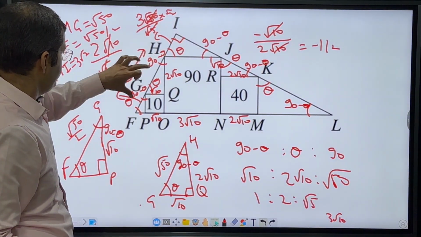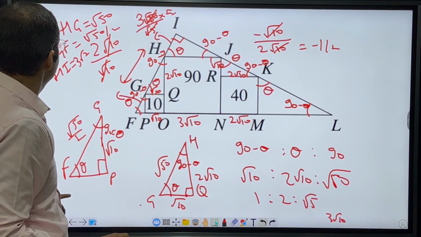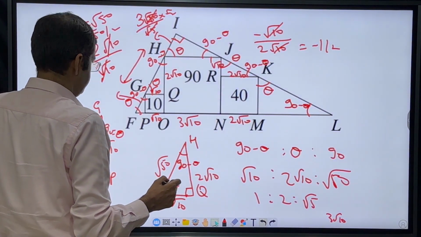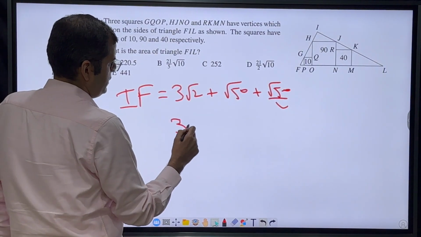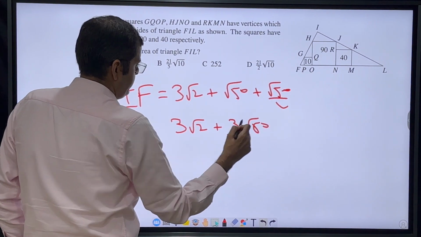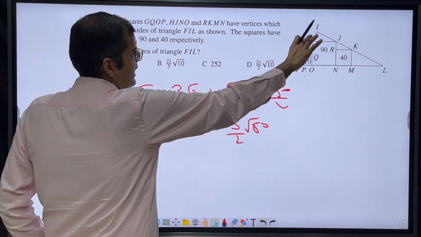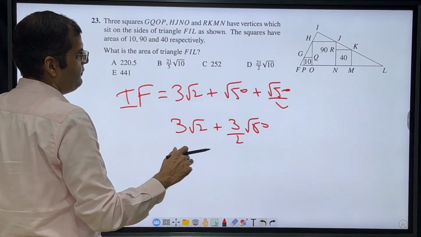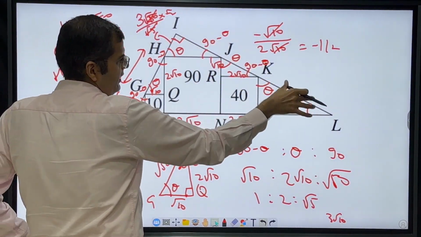That is root 50 and root 50 by 2. So this becomes 3 root 2 plus 3 by 2 into root 50. That is IF.